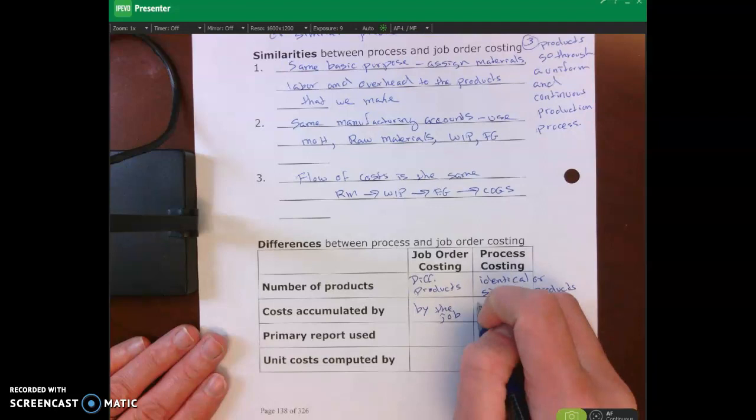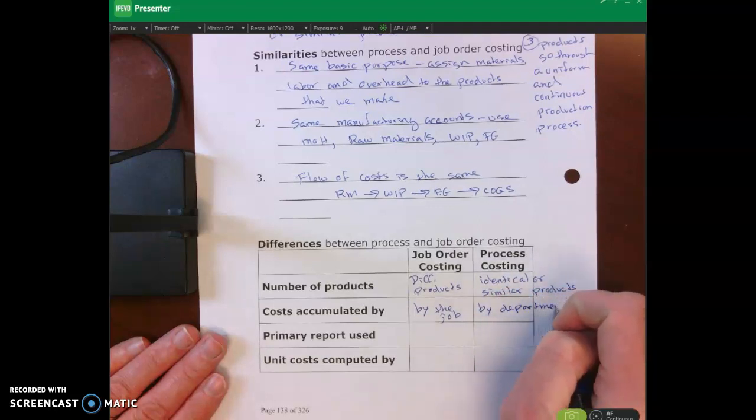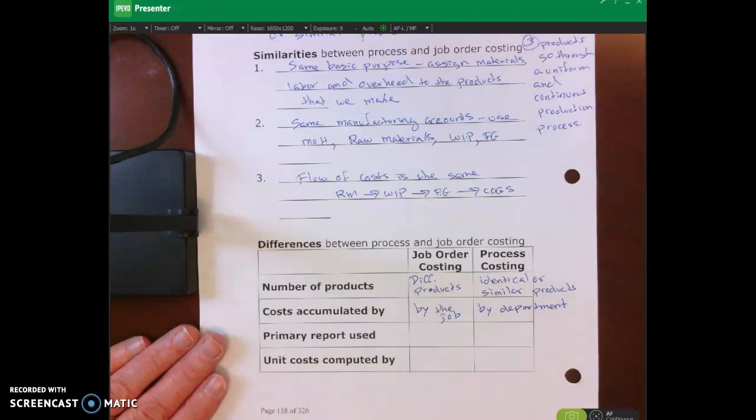Over here, it's by the department, by our processing department. So going back to that soap example, if we have a mixing department and a packaging department for soap, we would be tracking our materials, labor, and overhead. How much of the materials, labor, and overhead went to mixing? How much of it went to packaging? And so we'd be tracking it by department.